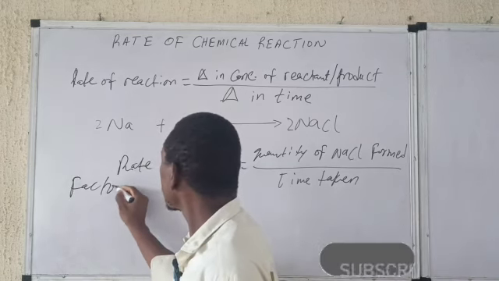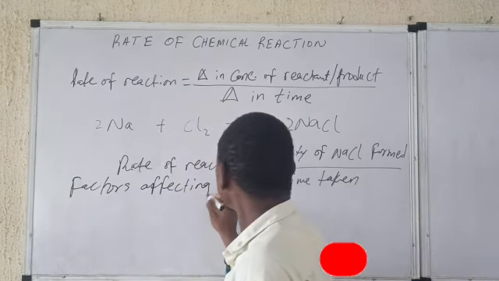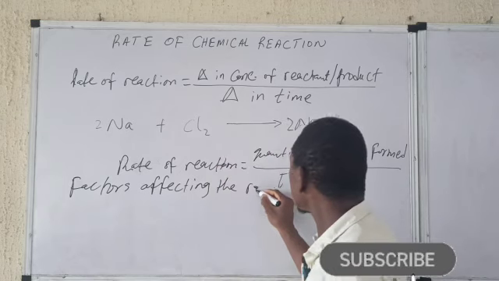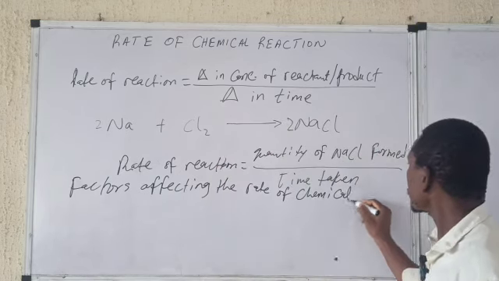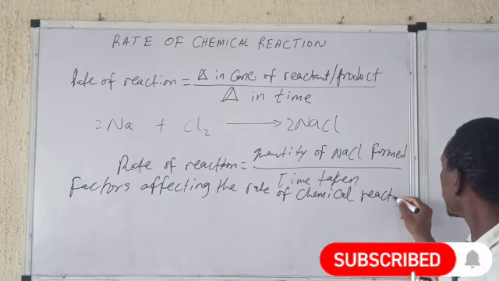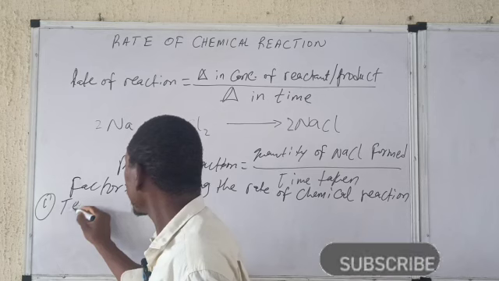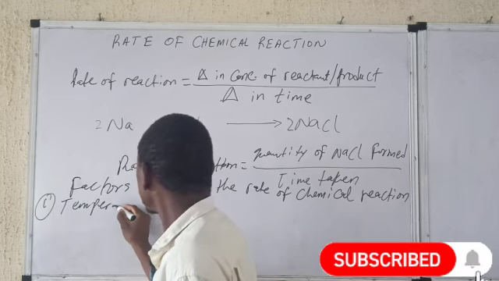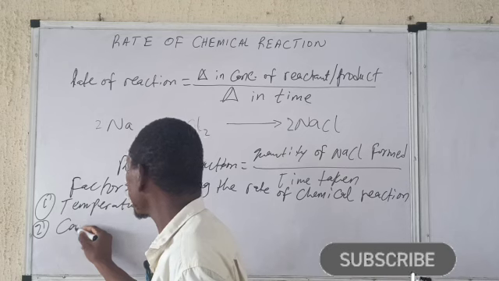Factors affecting the rate of chemical reaction. Number one is temperature. Number two is concentration.